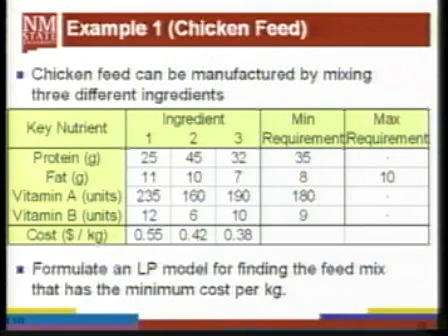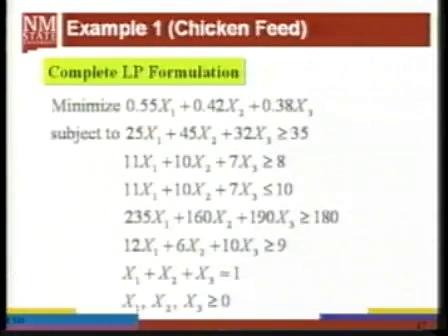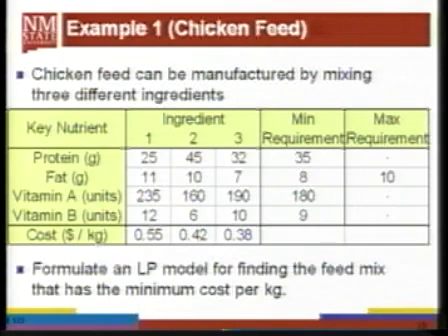This table also shows each kilogram of the feed must contain at least 35 grams of protein, a minimum of 8 grams and maximum of 10 grams of fat, at least 180 units of vitamin A, and at least 9 units of vitamin B. And we are required to formulate a linear programming problem to find the feed mix that has the minimum cost per kilogram. Okay?